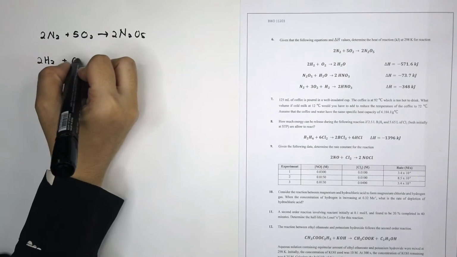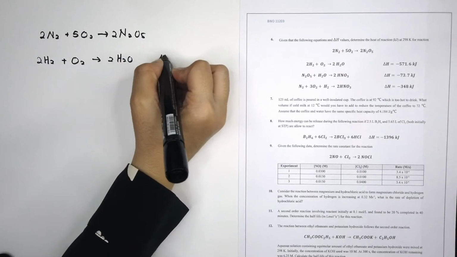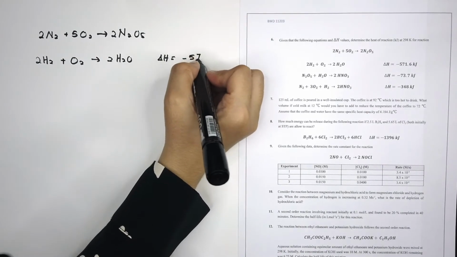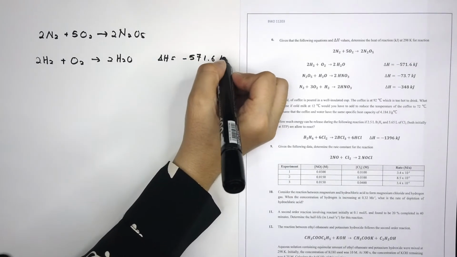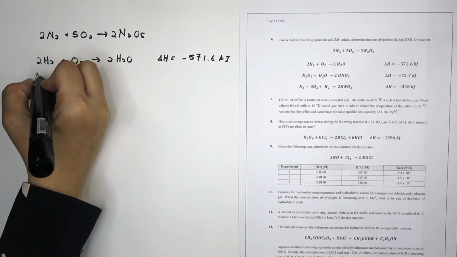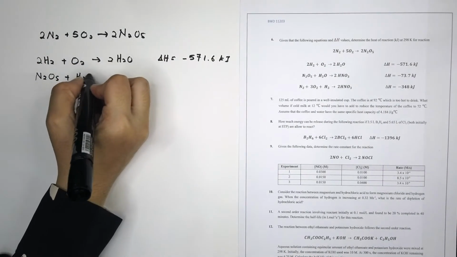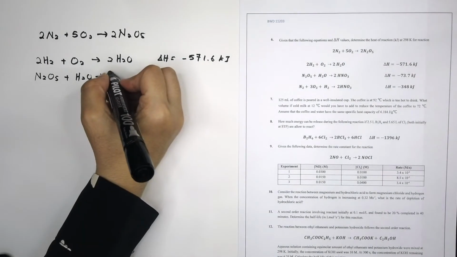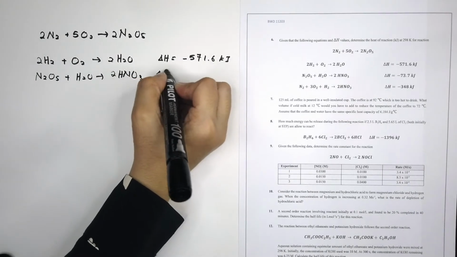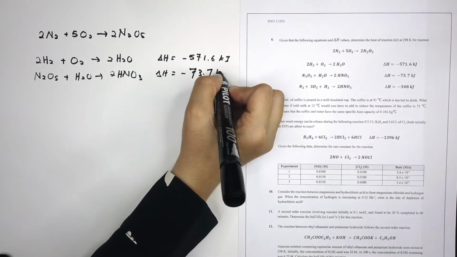So you were given 3 different equations. 2H2 plus O2 will produce 2H2O, with the delta H of negative 571.6 kilojoule, right? And the second one is N2O5 plus H2O shall produce 2HNO3, with the delta H of negative 73.7 kilojoule.